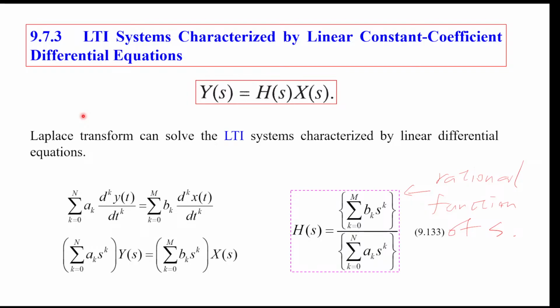You don't need the system to be LTI to transform the input and output, but for h of t to mean something, you actually need the system to be LTI, right? Remember, we have y of t equal to h of t convolved with x of t. This only happens when the system is LTI. So the whole analysis is built on the system being LTI.